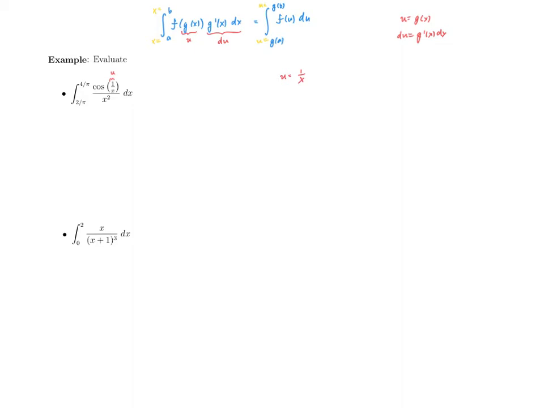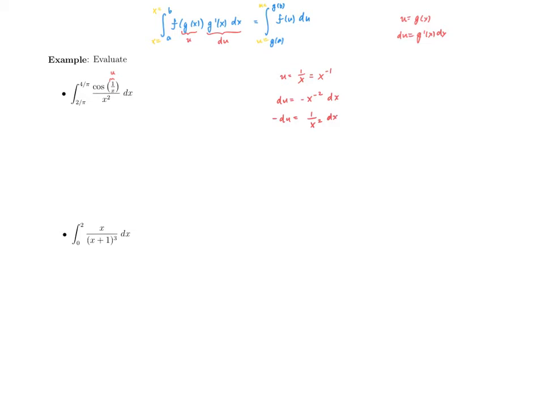Note, just for convenience, 1 over x is x to the minus 1. So du would be the derivative of 1 over x, so minus x to the minus 2 dx. For convenience, let's write x to the minus 2 as 1 over x squared, and then we'll put the minus sign with the du.